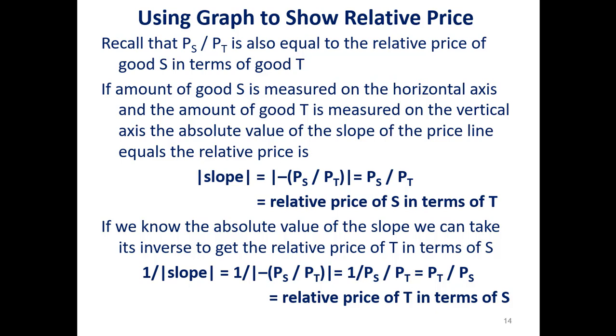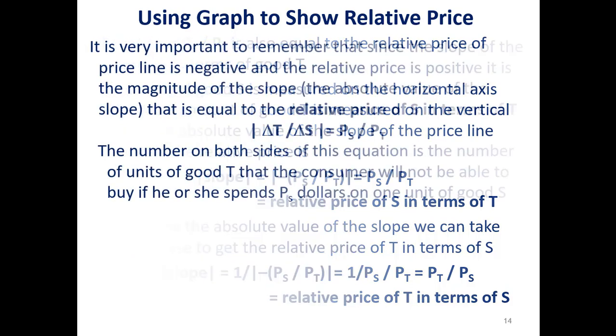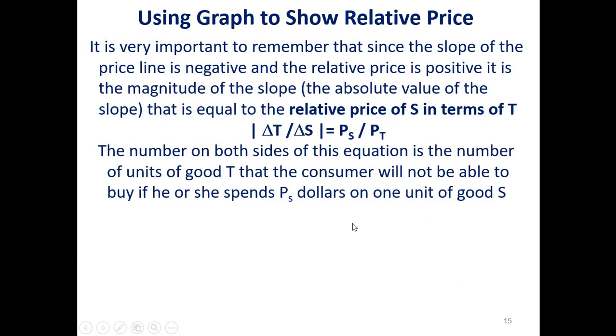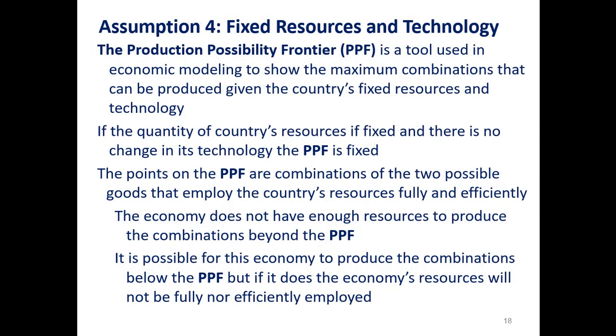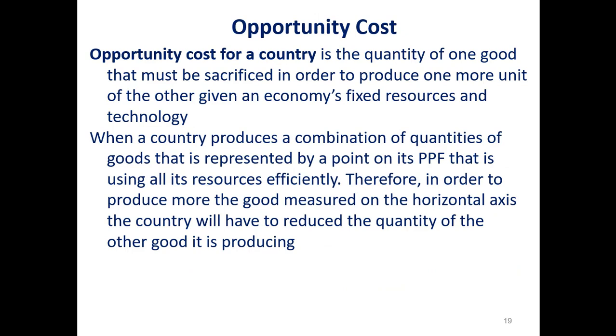How many units of S won't we be able to produce for every T we want to produce? You probably could do this if you didn't have the math in front of you, so don't get hung up on this area. It's just a matter of using the values and being able to do the calculations. So I'm going to skip ahead. I'm assuming everybody's going to go through that.